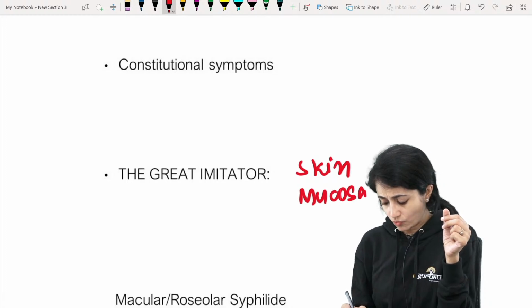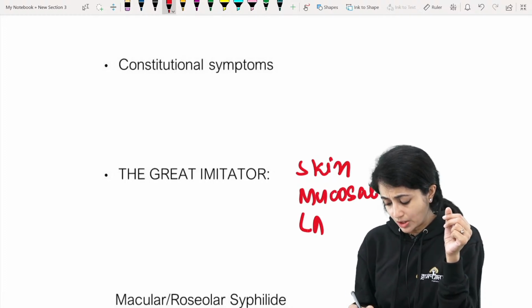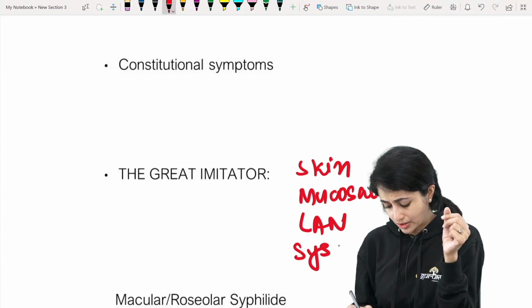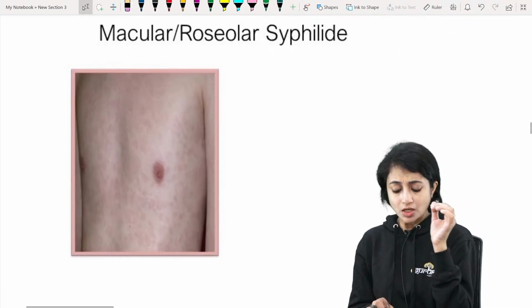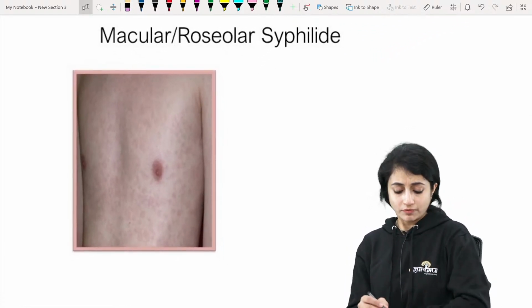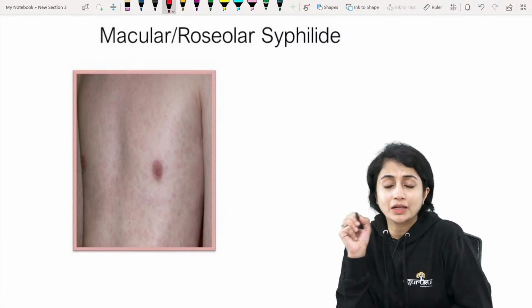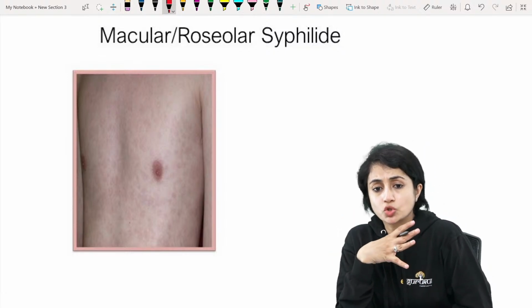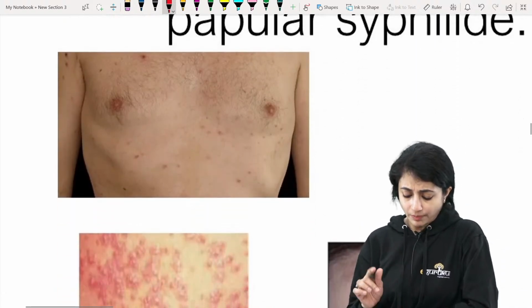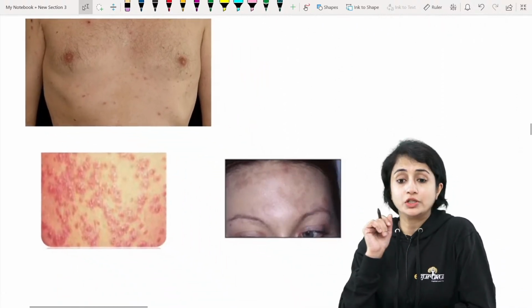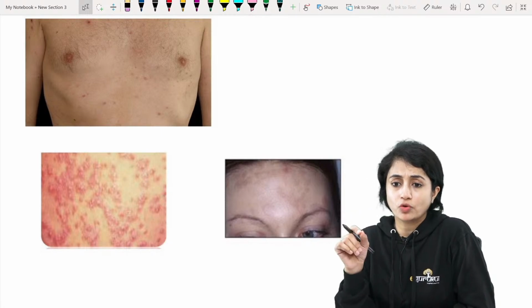I have skin involvement, mucosal involvement, lymphadenopathy and systemic involvement. So I'll briefly show you how it presents. It presents either with macular syphilid, where I have these rose pink macular lesions present all over the trunk, which can eventually develop into these papular form of lesions.